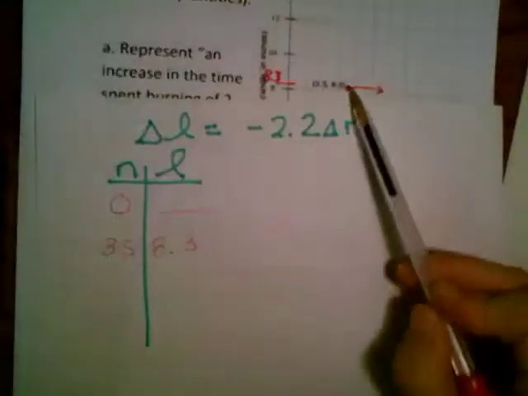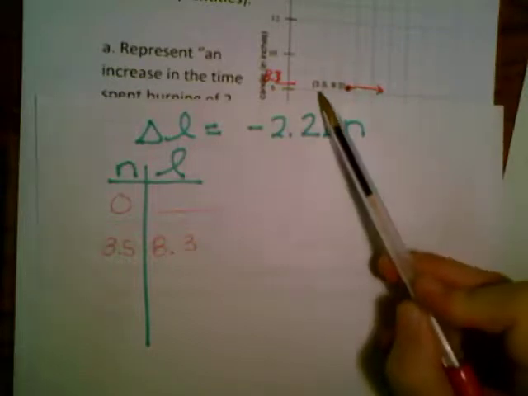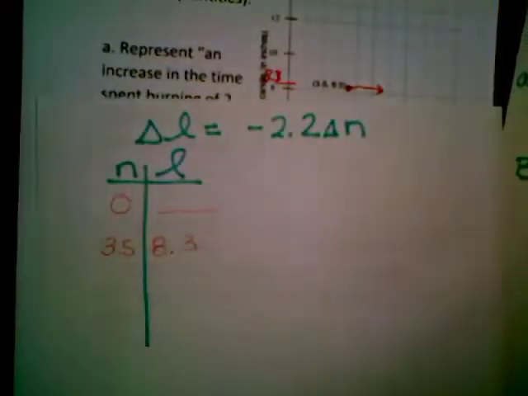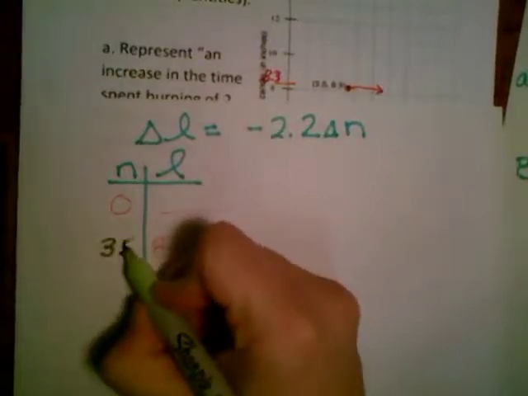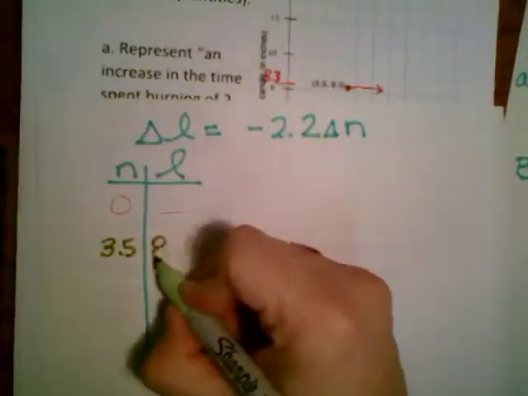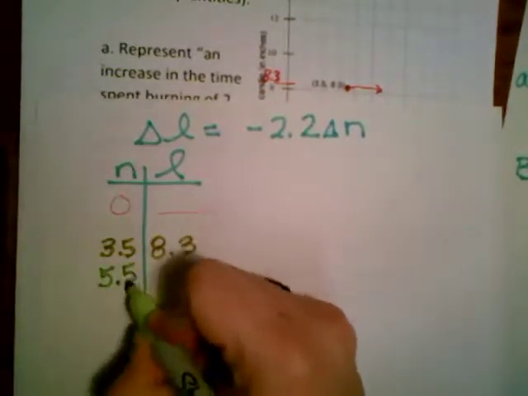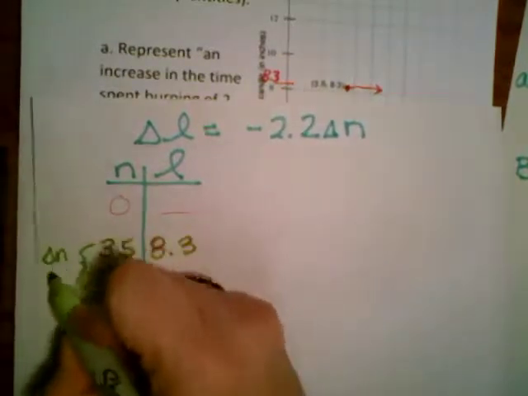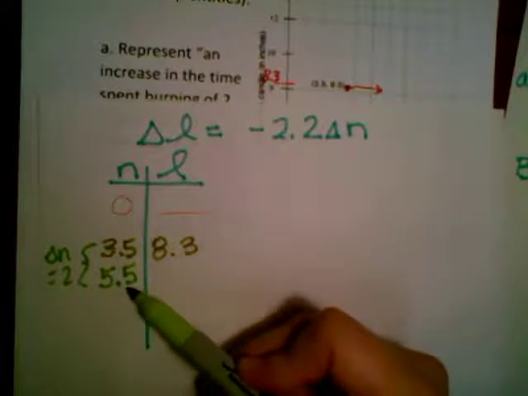Okay, so previously in part A, we represented an increase of 2 hours from the 3.5 hour mark. So if I record this in our little table here, I already knew at 3.5 hours the length of the candle was 8.3. So 2 hours later, we'll have change in N equals 2. 2 hours later, we'll be at the 5.5 hour mark.